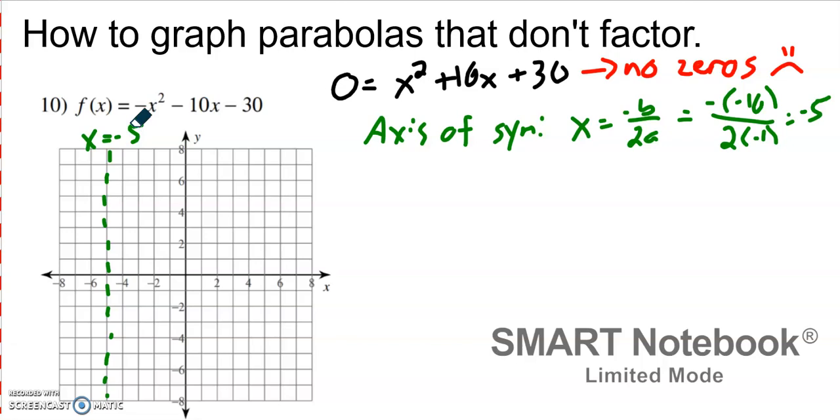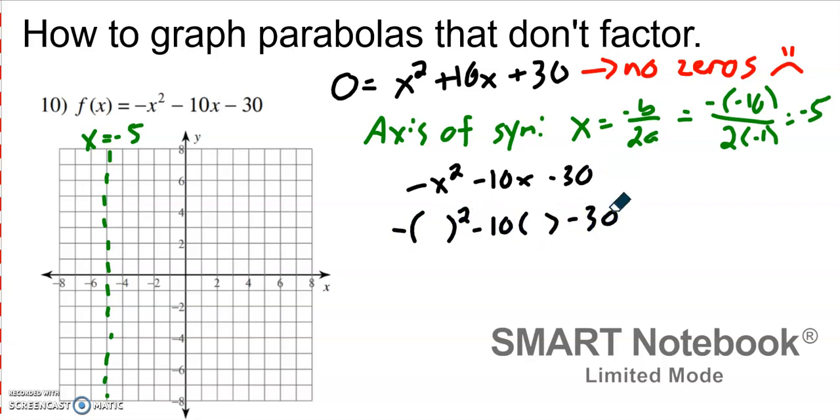All right, so now using this x value, I can plug it in to find the y value of the vertex. So let's do that. If I have -x² minus 10x minus 30, I'm going to plug in the value of -5. First, I'm going to jot down the original problem, and then I'll fill in. There we go.